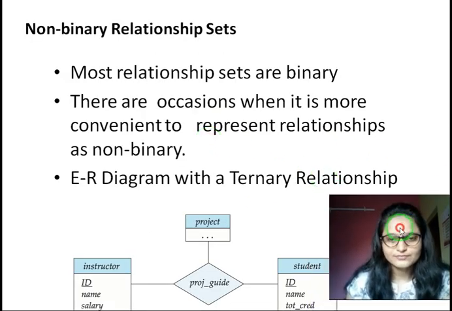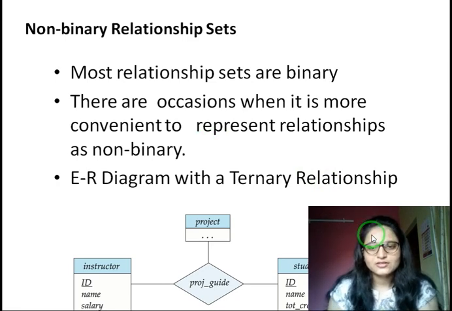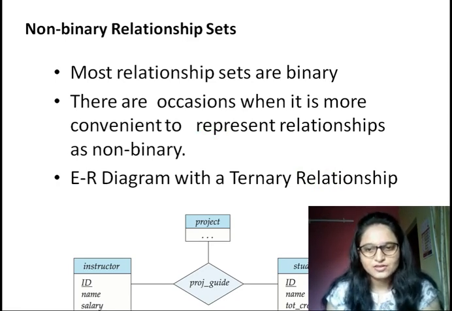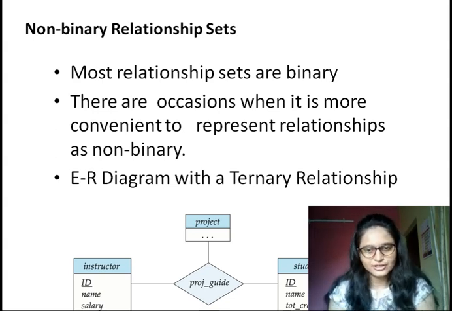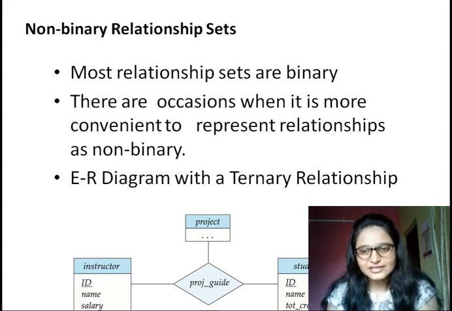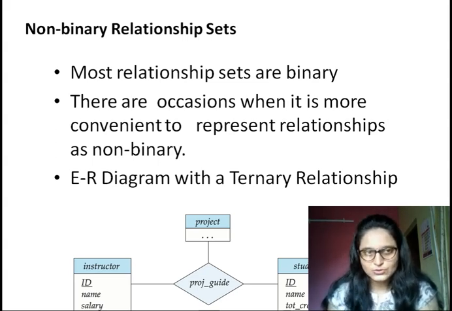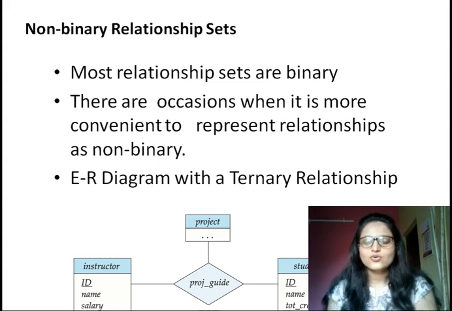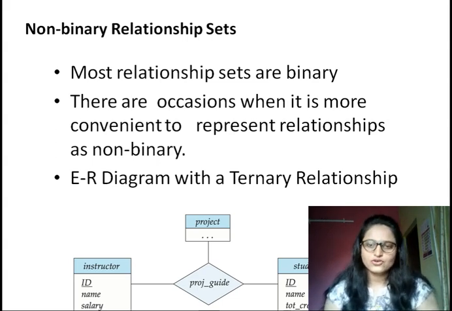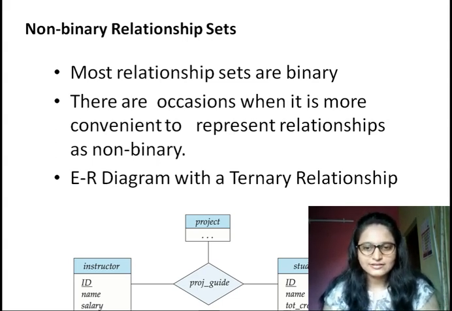So dear student, we all know that there are types of relationship. We already covered the types of relationship in the introductory part, that is binary relationship, ternary relationship, quaternary relationship and many more. Suppose only two entities are involved in a relationship, that time we term that relationship a binary relationship.